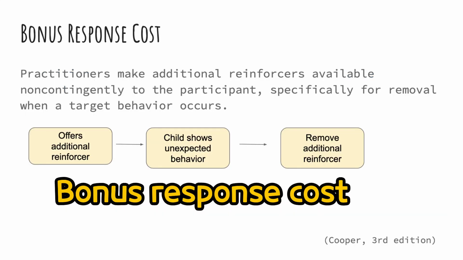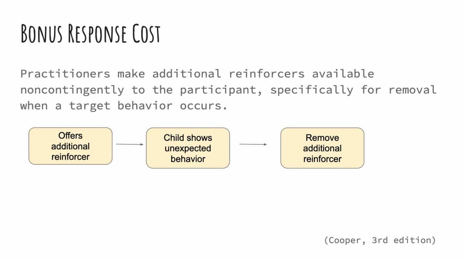Bonus response cost involves practitioners making extra reinforcers available to participants non-contingently, meaning they are provided without any conditions attached. However, these additional reinforcers are specifically earmarked for removal when a target behavior occurs, thereby serving as a consequence for undesirable actions.